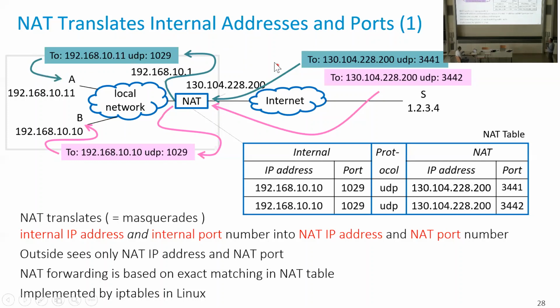That's how the rest of the world sees A. It will go to the NAT table and look for an exact match, not the longest prefix match, but an exact match from the column NAT to the column internal. Here there is one, and the only thing that helps us discriminate is the port number. So the port number 3441 means I have to go to this IP address, which is machine A.